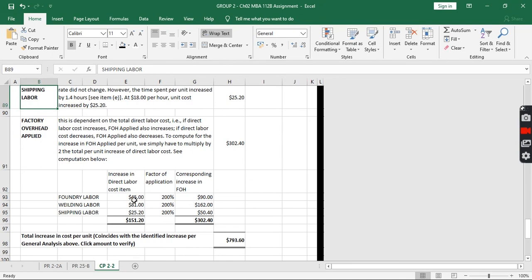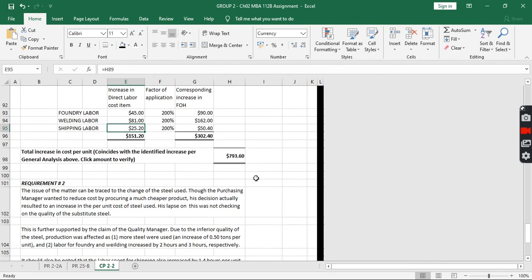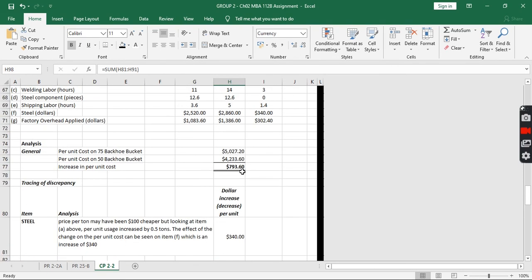So $45 for foundry, $81 for welding, and $25.2 for shipping. So twice of that amounts to $302.40. So if you add everything that we have observed, which caused an increase in the per unit cost totaling $793.60, this actually equates to the amount that we have observed here.